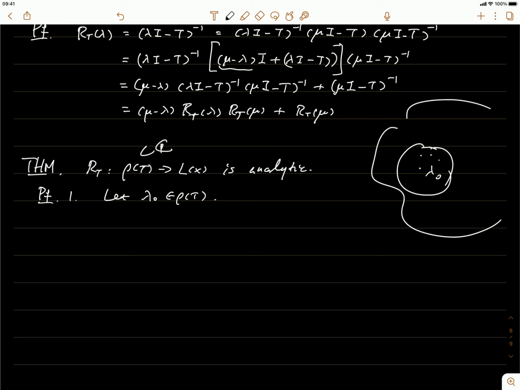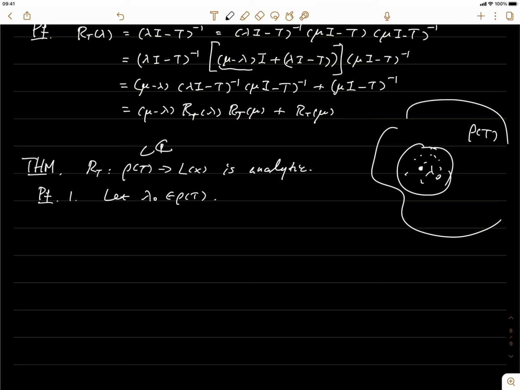So I won't care about anything outside the neighborhood of this lambda naught. And as long as lambda is close enough to lambda naught, we have a bound for that.